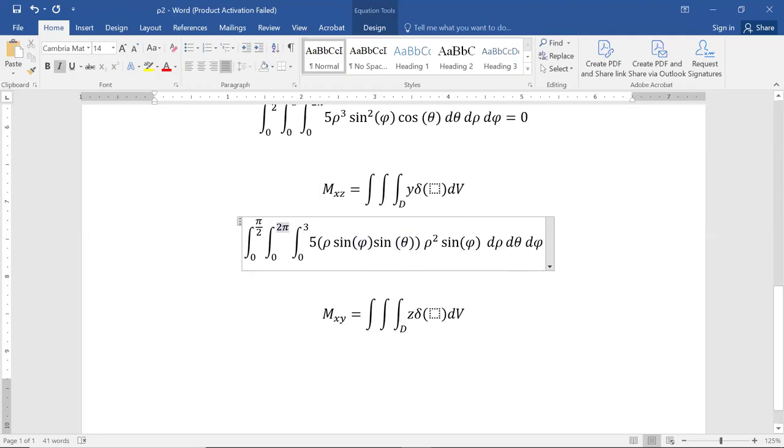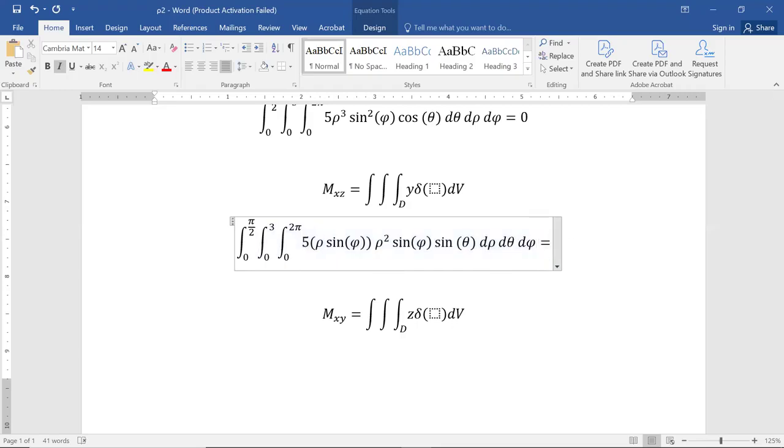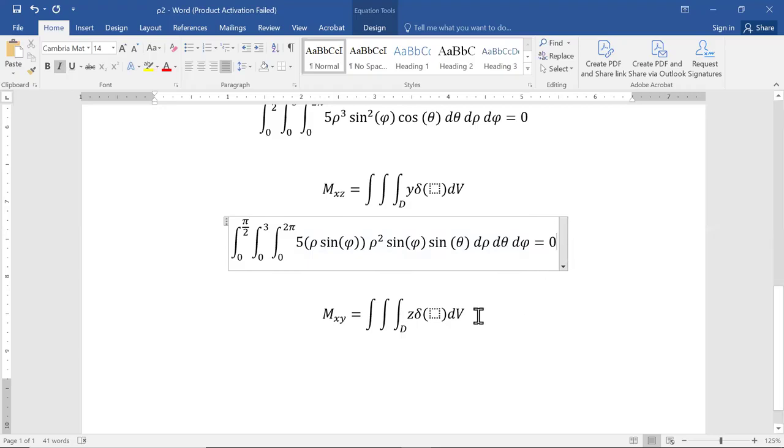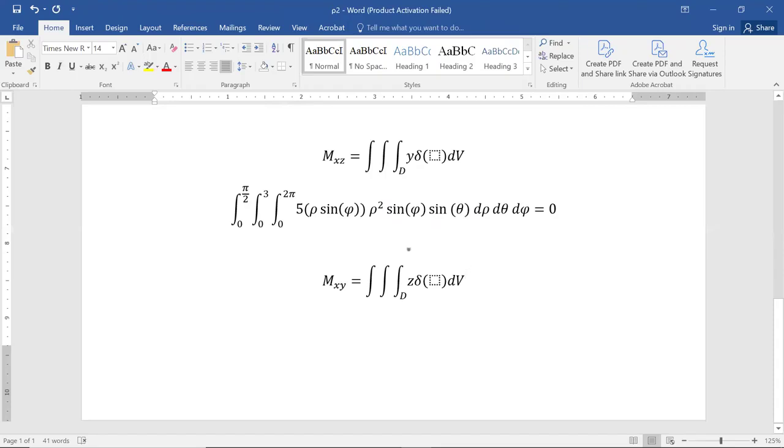So I'm going to change my order of integration, and I'm going to integrate with respect to theta first. And this sine of theta integrated from 0 to 2 pi becomes 0. And that means the entire triple integral becomes 0. Again, I chose some nice ones.